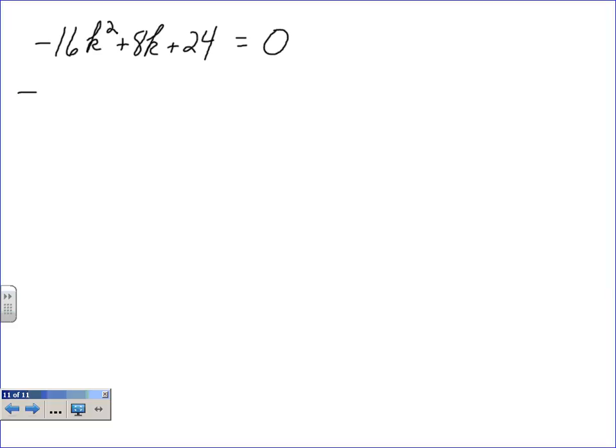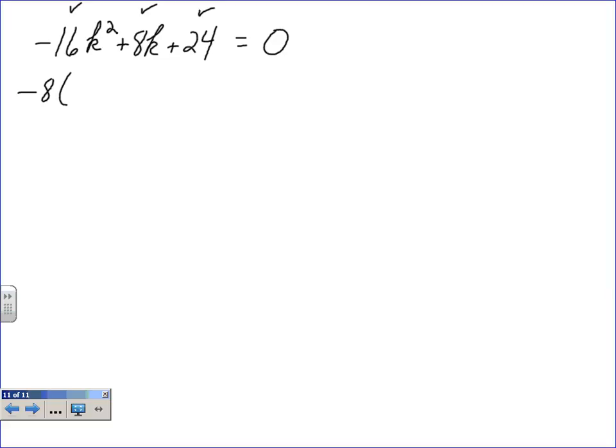And they're all divisible by something. And you can see that from the 16, the 8, and the 24, 8 goes into all of them. So not only are we going to take the negative out of there, we are going to take the 8 out of there as well. Okay?